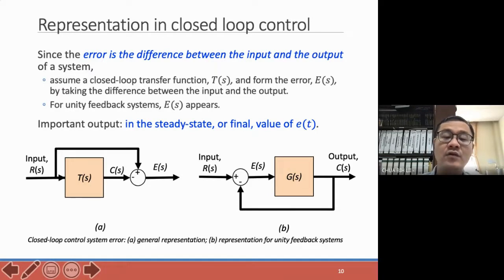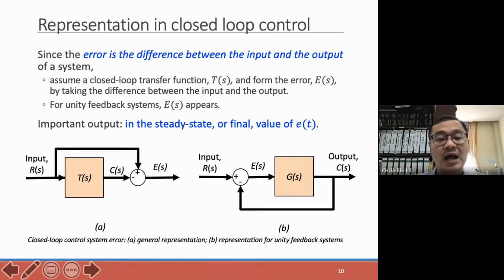And for the feedback type, the input goes in, we compare, and the error is within the loop itself, so what we see as the output is the output. That is how we can extract what we would like to check. If you only want to check the error, you can arrange your block diagram in this way. If you would like to see the output, then you can form it in this way.